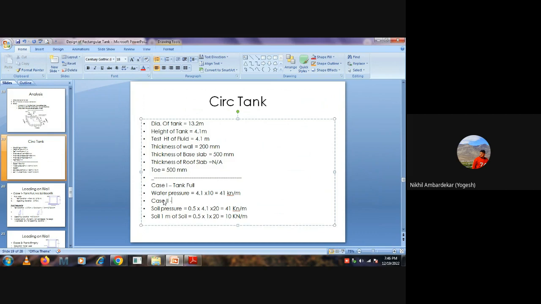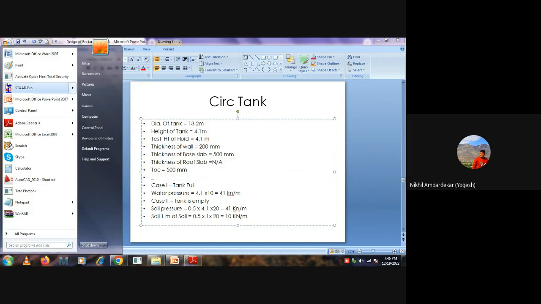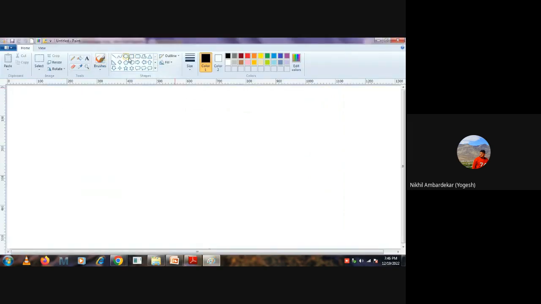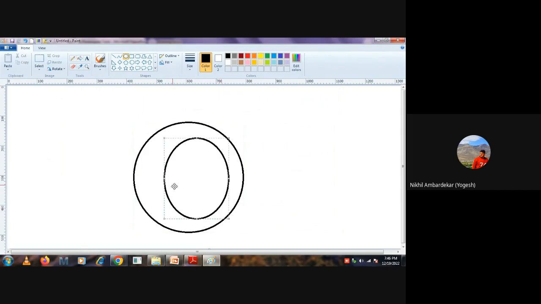Case 2, tank is empty. Okay, so I will ask you some basic questions. This is my circular tank. This is the plan, assume this is a plan.